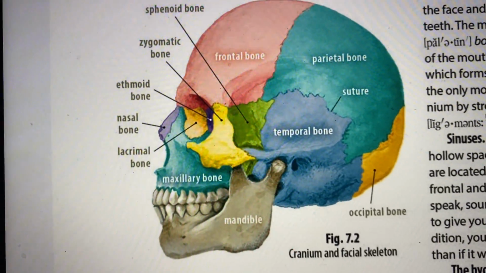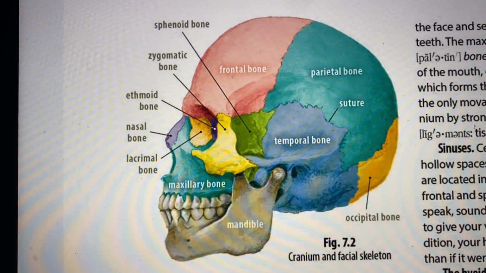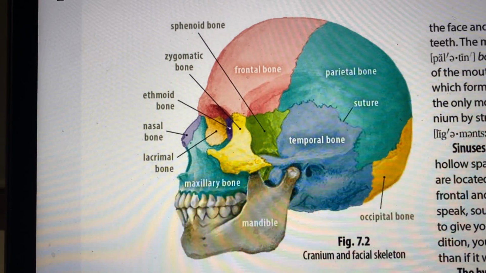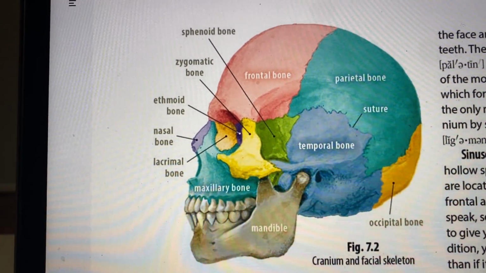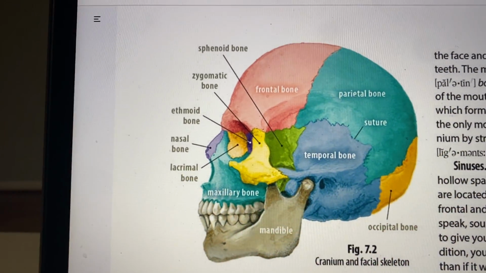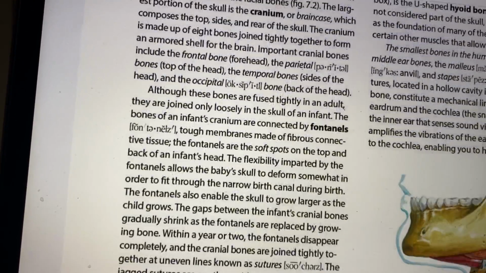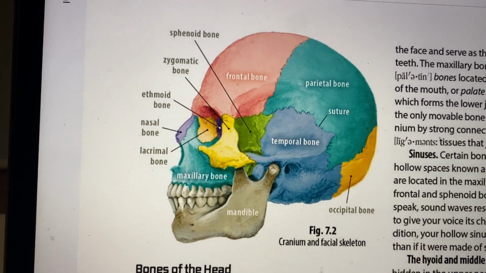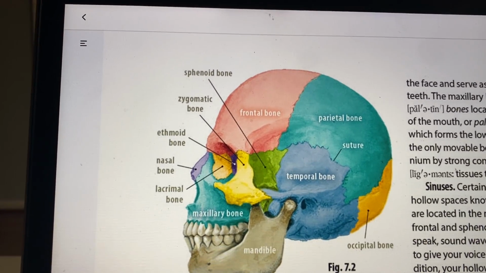Before we go on, your book tells a little bit about how infants' heads are different than adults'. Infants' heads have fontanelles, which are fibrous connective tissues or soft spots. They grow together as the infant grows.